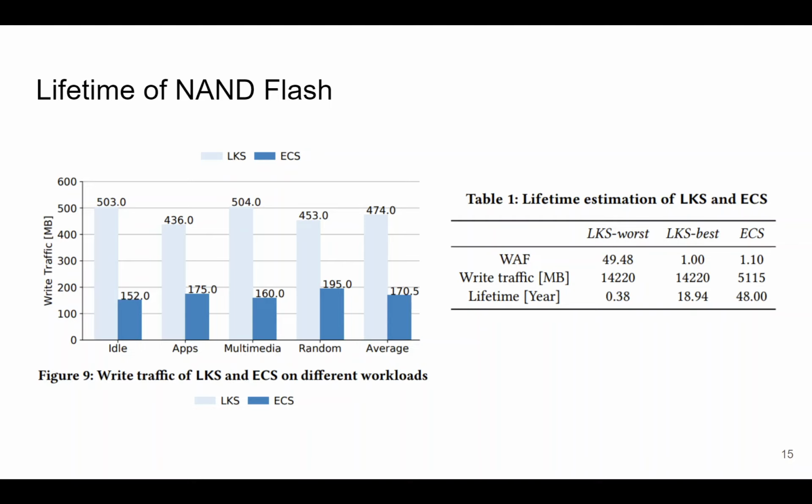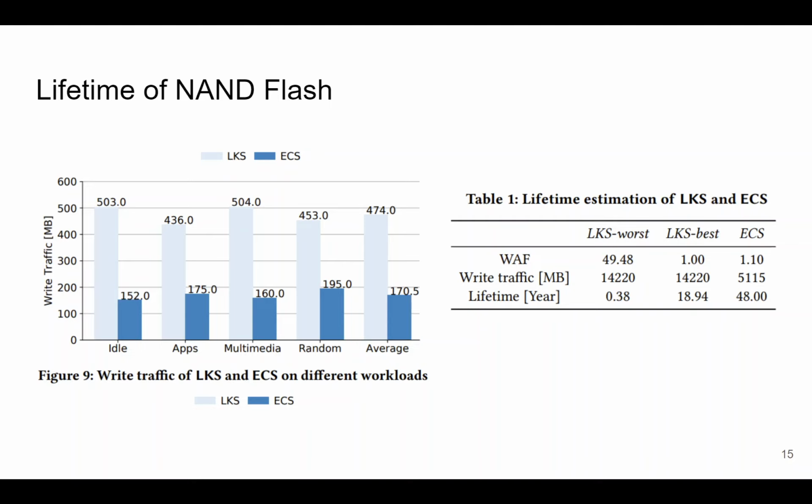In terms of WAF, however, it is difficult to estimate the value without the knowledge of FTL, which is normally not accessible by end users. So we extract all the I/O patterns from ECS and ask the eMMC manufacturer to simulate the pattern to get the WAF value.